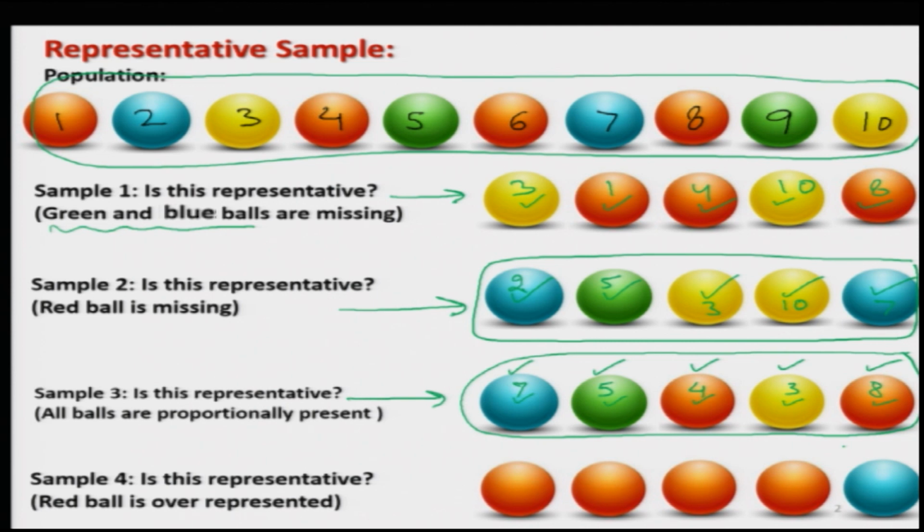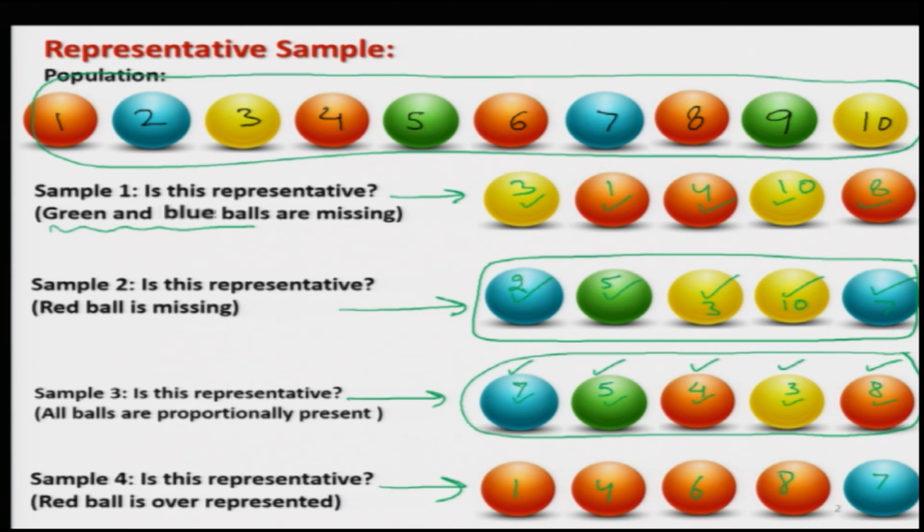Now, if you come to sample number 4, there are 4 red balls. They can be ball number 1, 4, 6 and 8, and there is 1 blue ball, which may be ball number 7. Would you call this a representative sample?